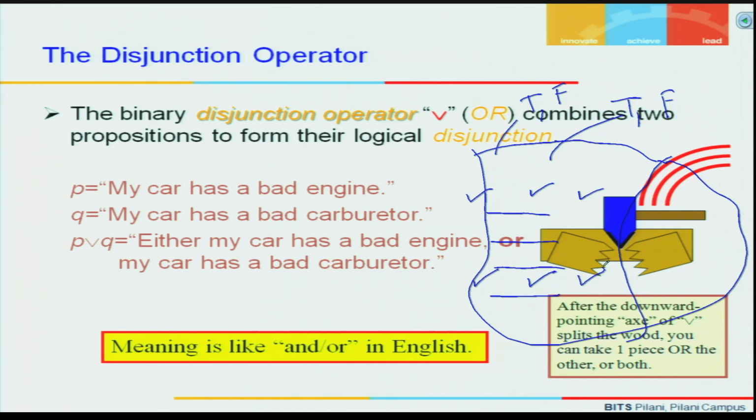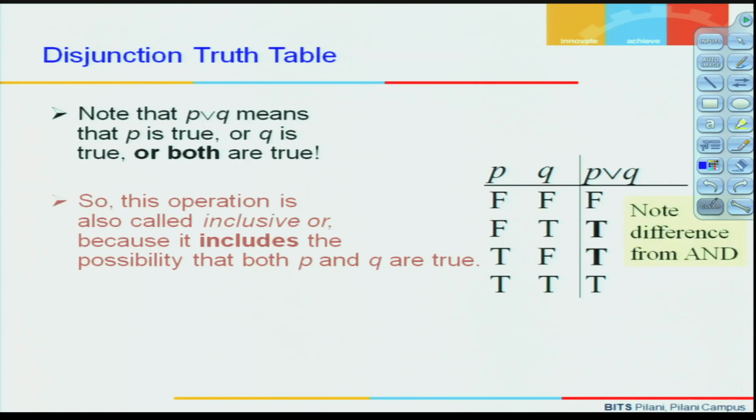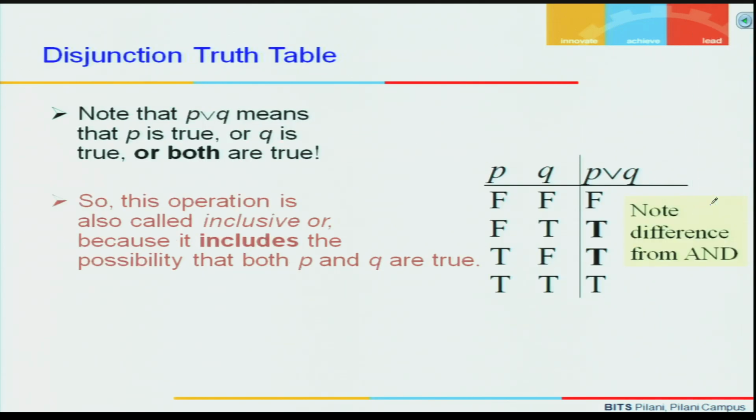So similarly the values in the truth table have been defined. This operator is also called inclusive OR. Why? Because it includes the possibility of both P and Q being true.